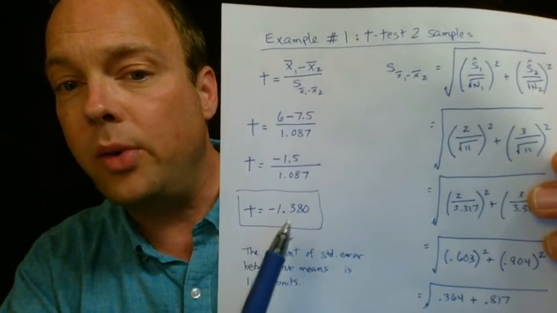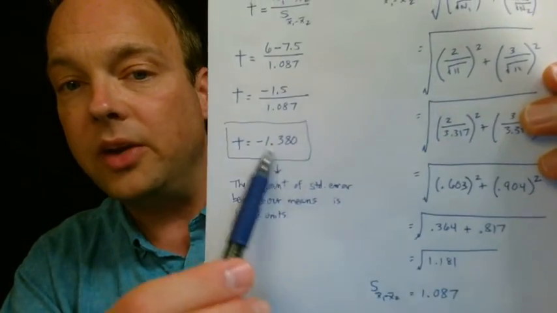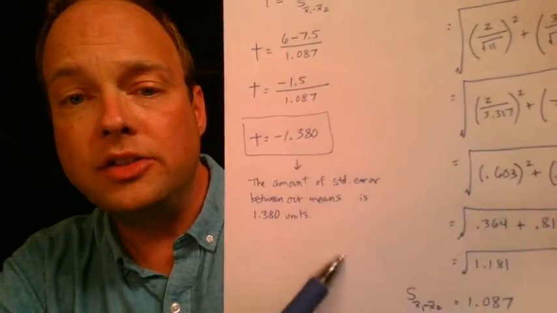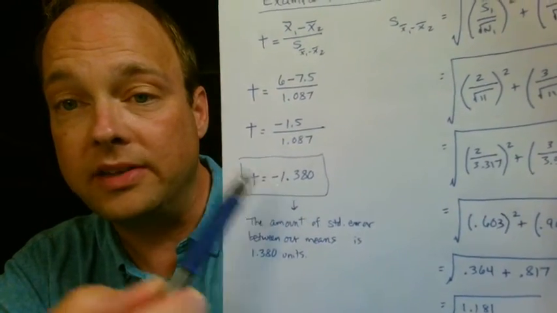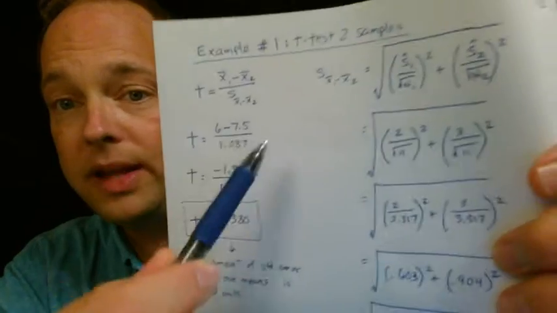T equals negative 1.380. This value, 1.380, is the amount of standard error between our means. 1.380 units, and that language is very important. 1.380 units of standard error separate our means. Now it's negative simply because of the order in which we place them based on the hypotheses.